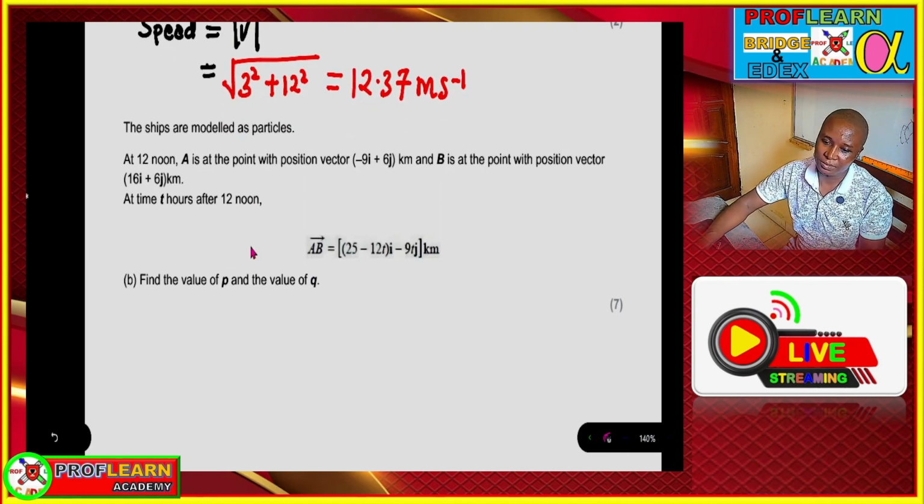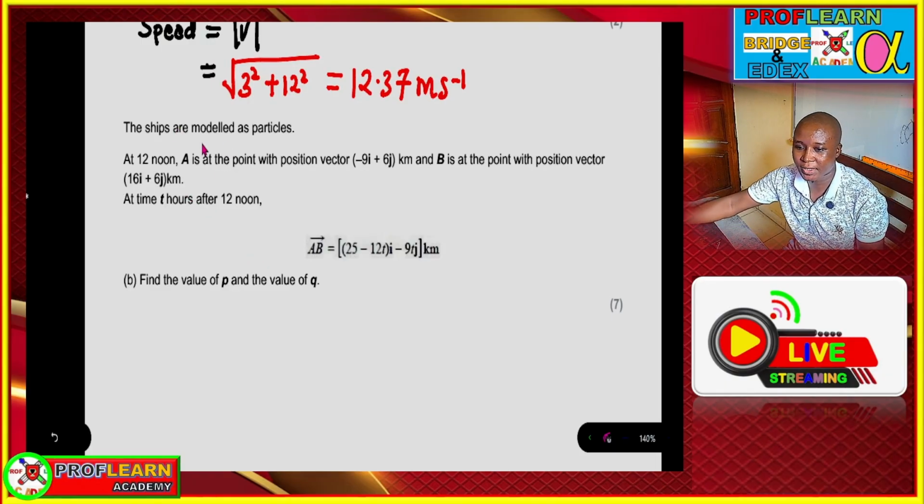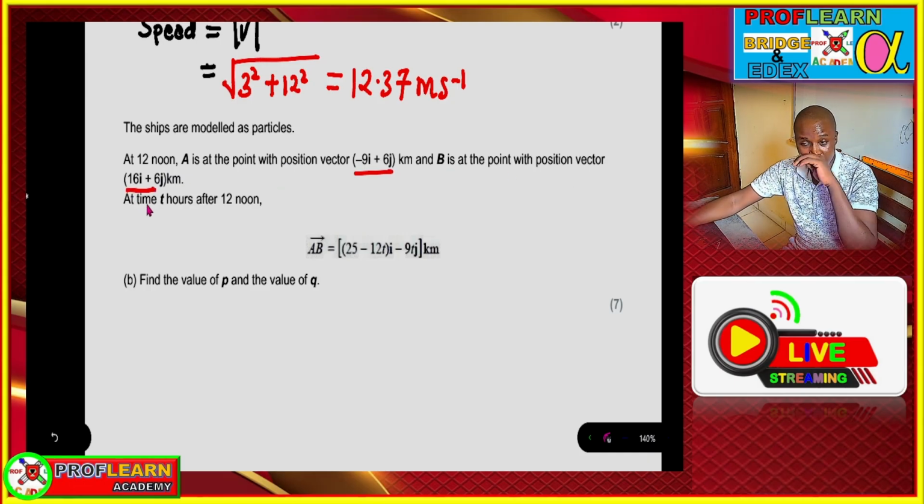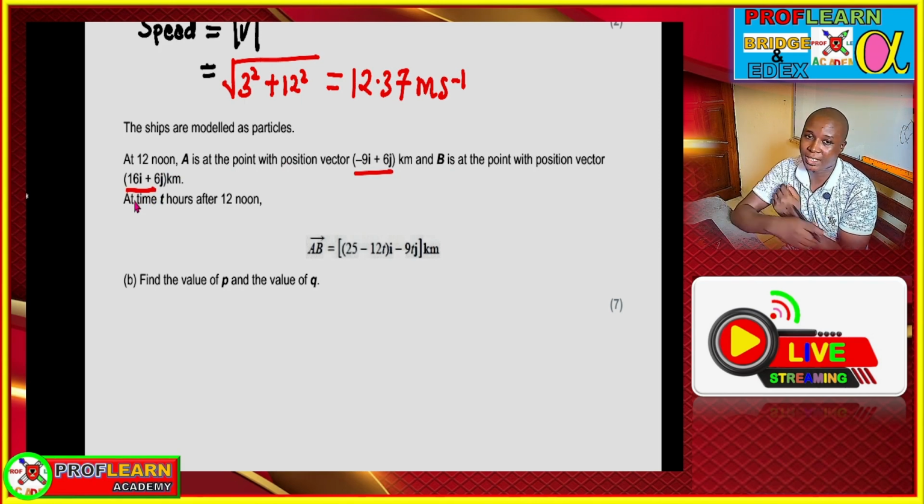Then let's look at part b. We are given the information that the ships are modeled as particles. At 12 noon, A is at the position vector given, and B is at the point with the position vector given. So they are observed at the same particular time.